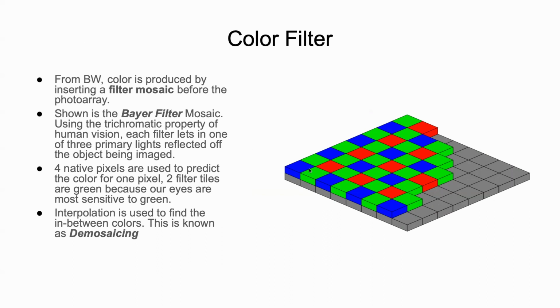So for example, this is known as a Bayer filter mosaic. It's a set of filters with alternating red, green, blue filters matching the pixel locations. It exploits the trichromaticity of our eyesight, meaning if you combine three primary lights in different intensities, we can perceive a color, right?